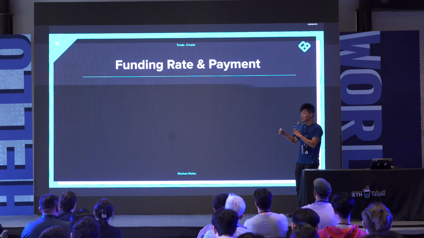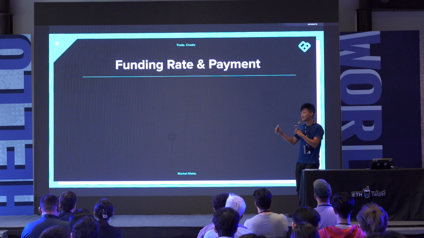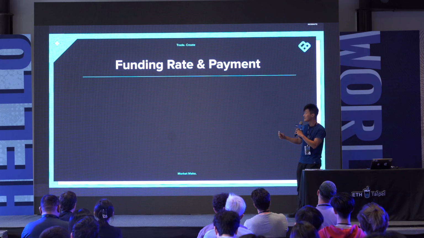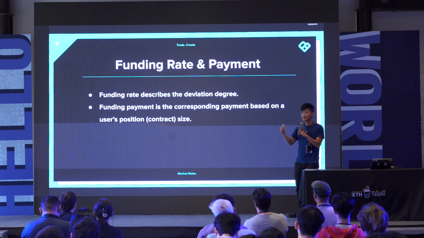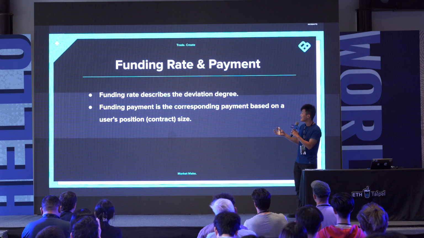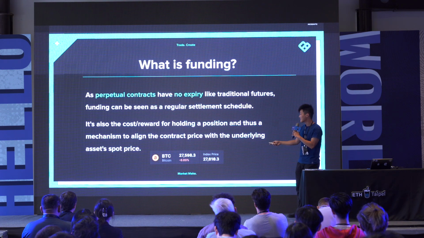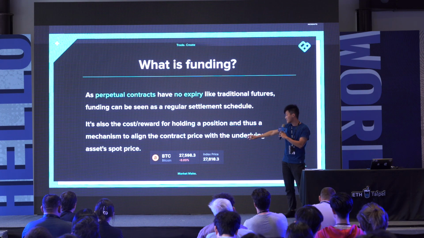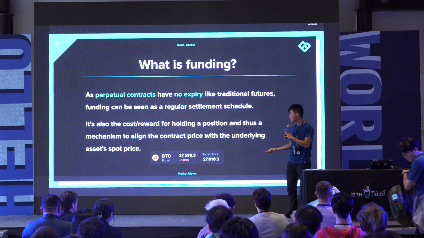And before we dive into how we define funding, let's first quickly go through funding rate and funding payment. So funding rate is the level of deviation of those 2 prices. Funding rate describes the percentage of the difference between those 2 prices.